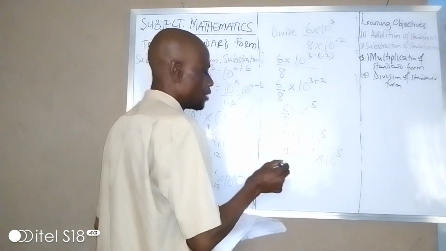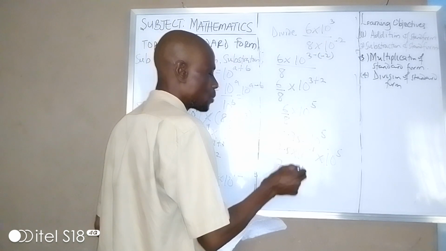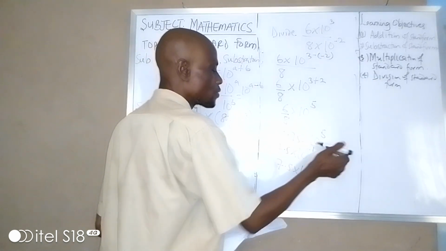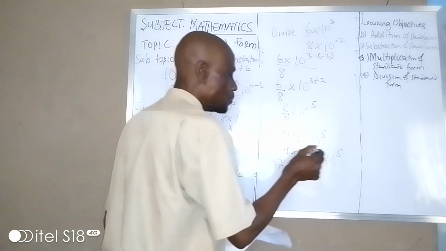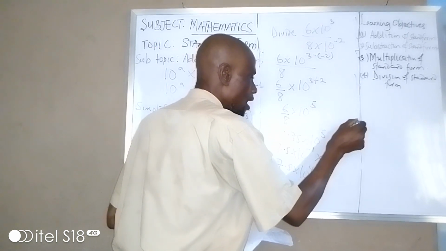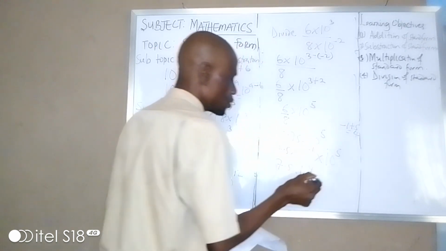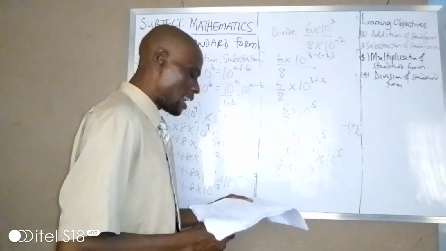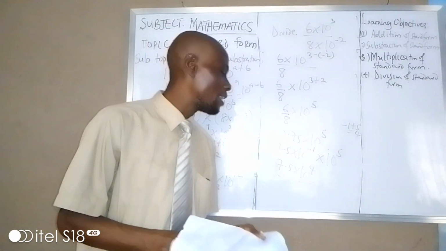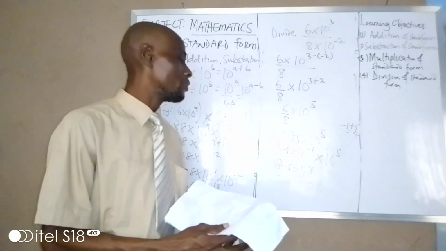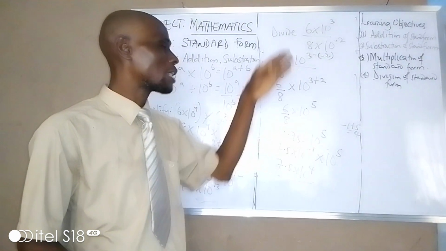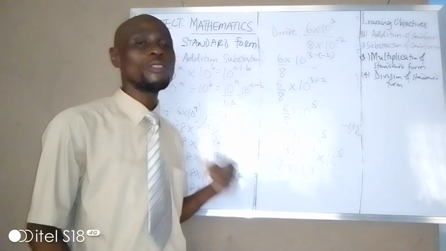So I now have 7.5 times 10 to the power minus 1 plus 5, which gives us 4. So our final answer is 7.5 times 10 to the power 4. That's how to carry out division of standard form.